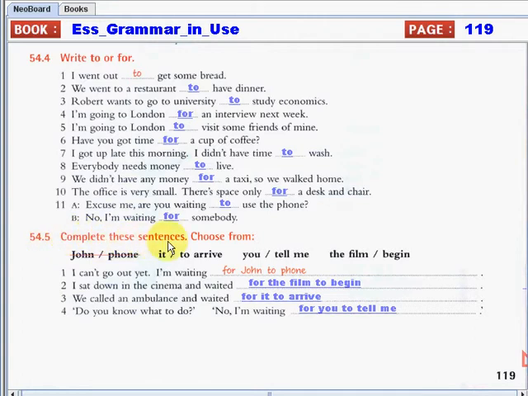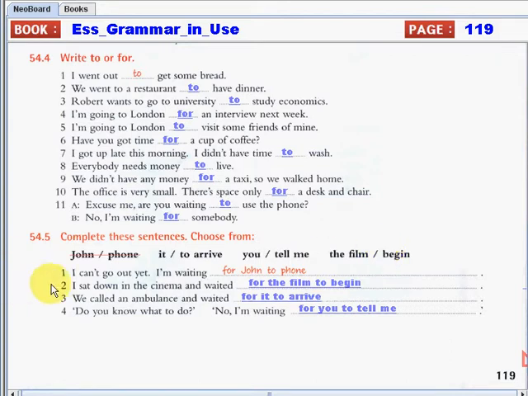Complete these sentences. Choose from the box. So on 54.5, you will just complete the sentences here, but you should look at the words in this line so that you can complete the sentence correctly.